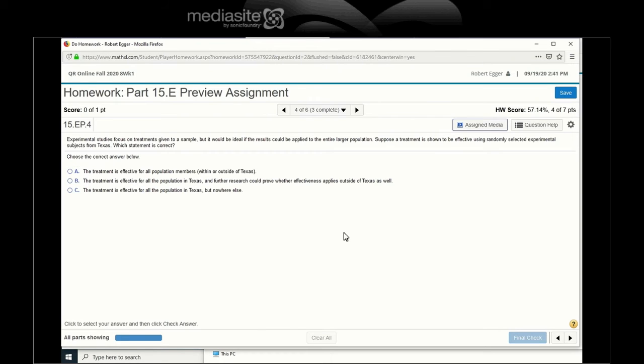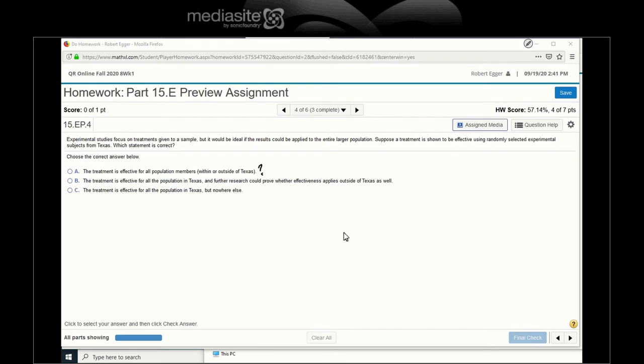Experimental studies focus on treatments given to a sample, but it would be ideal if the results could be applied to the entire larger population. Suppose the treatment is shown to be effective using randomly selected experimental subjects from Texas. Which statement is correct? Treatment is effective for all population members within or outside of Texas. Treatment is effective for all the population in Texas.